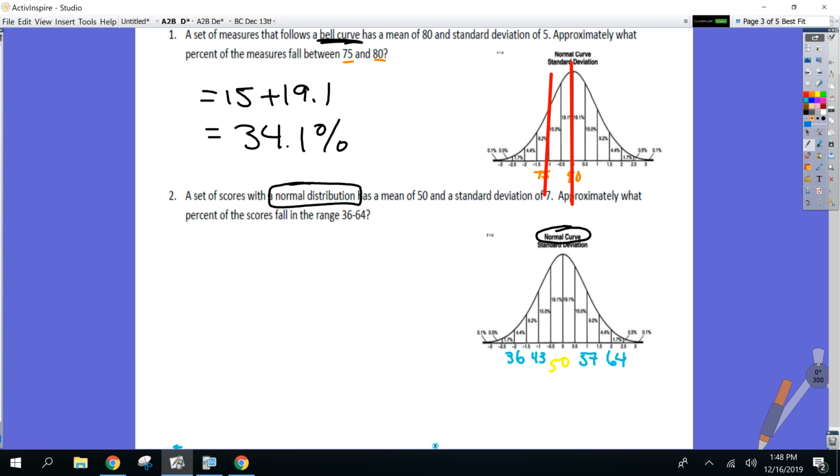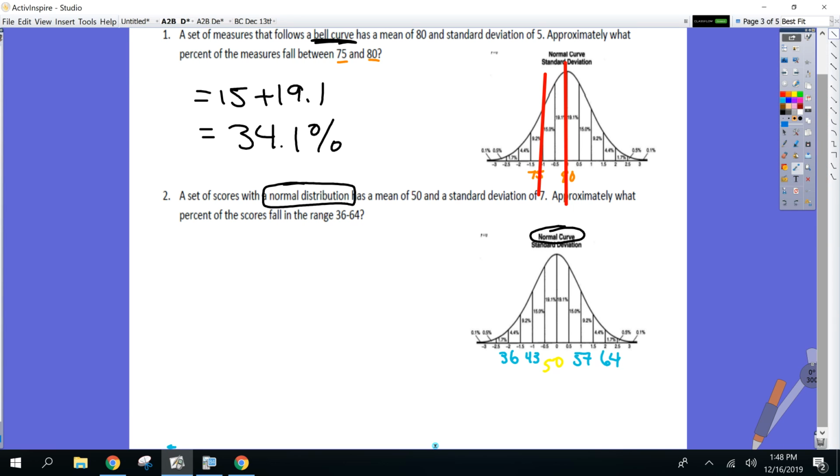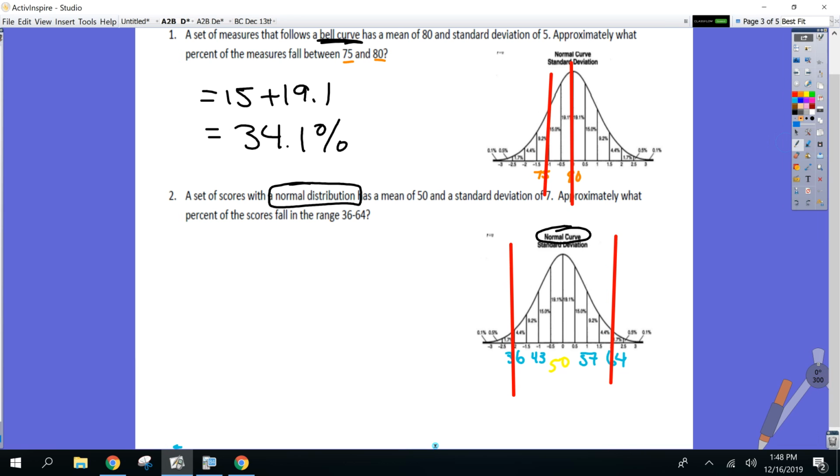All right, so everyone see the percents we need to add up. Everything from -2 to 2. Everything within there. Good, good. Everything within 2. I'll let you add your numbers up.